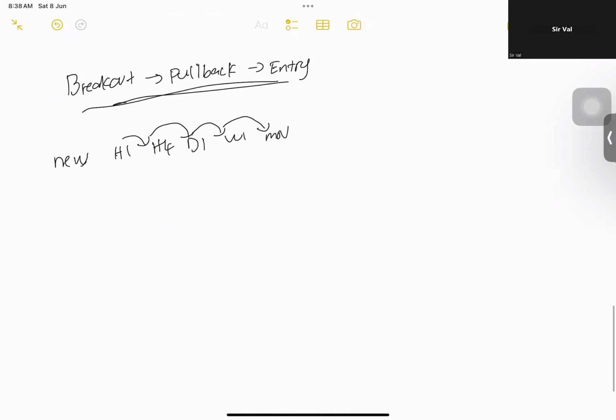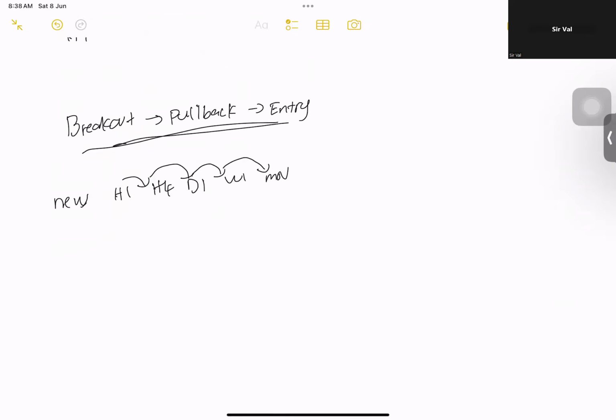After price creates a new zone on monthly, weekly, daily, H4 or H1, price will pull back. Then we will find the entry point. Entry point is based on H4 made precise to H1.